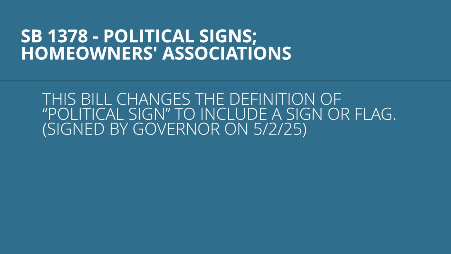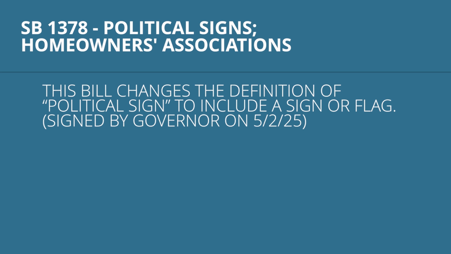The next bill is on political signs, and this is Senate Bill 1378. This bill changes the definition of a political sign to include a sign or a flag. This is probably a result of the politics that have been occurring in Arizona and at the national level, where many political candidates now are using flags to support a candidate.